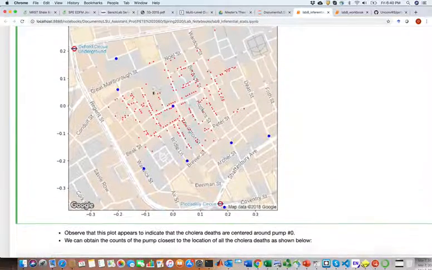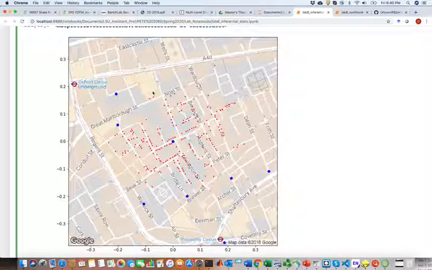What do you observe from this? Because we're trying to figure out the source of the cholera outbreak. Are the red dots centered around certain pumps? Yes, the red dots surround pump 0.